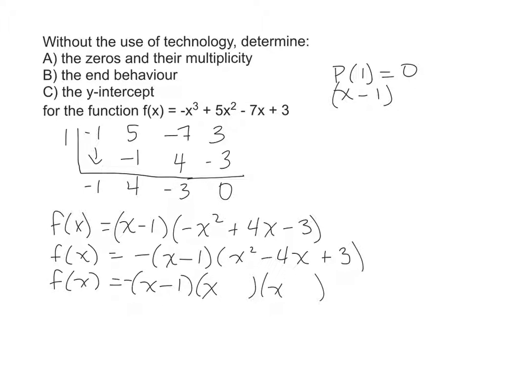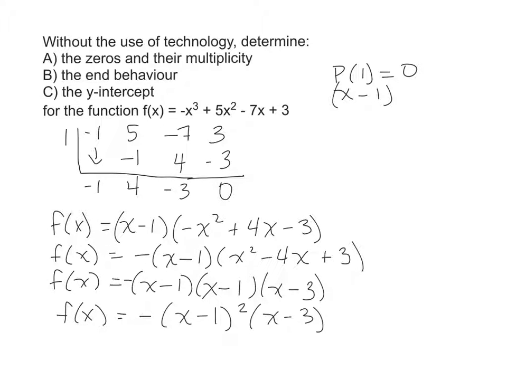And those numbers are negative 1 and negative 3. So we can actually write out the binomial like this, negative, and then x minus 1 squared times x minus 3. There it is, fully factored.